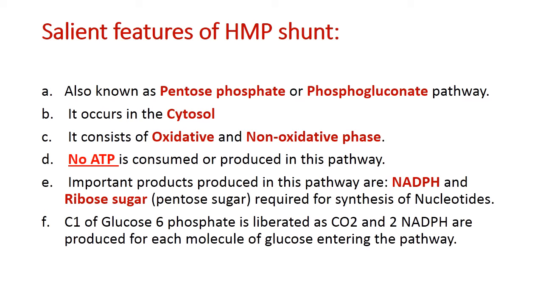Now, let us look at the phases. The first phase of the HMP shunt is the irreversible oxidative phase. Here, glucose, the hexose sugar, will be acted upon by the enzyme hexokinase, which involves the utilization of one molecule of ATP converted to ADP, and glucose will be converted to glucose 6-phosphate.